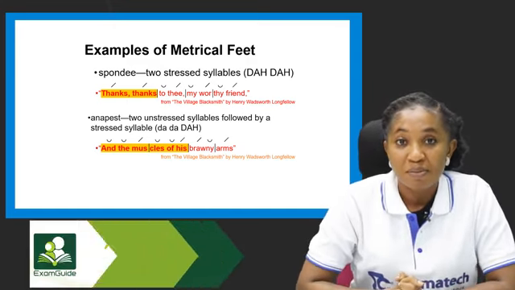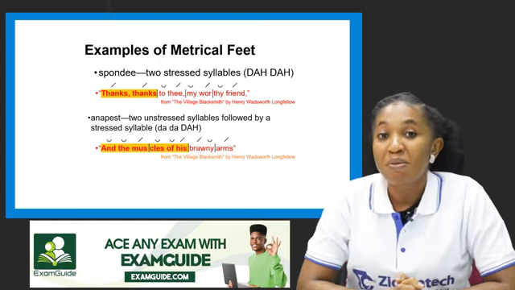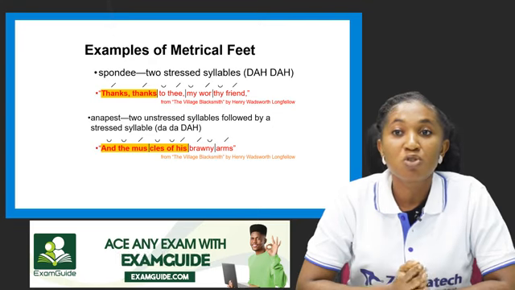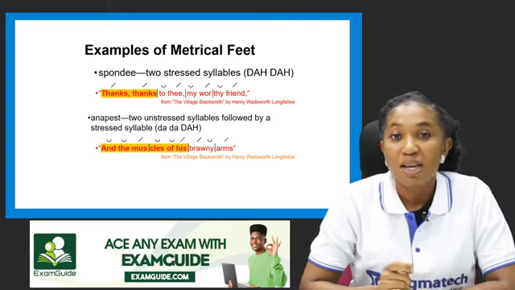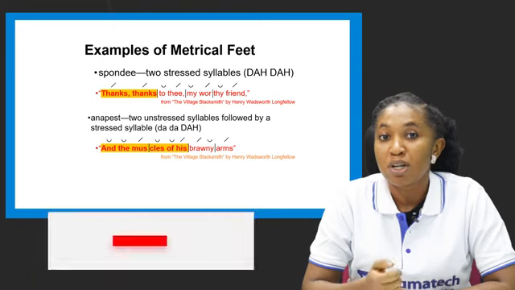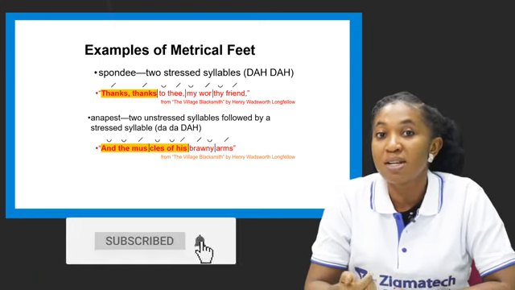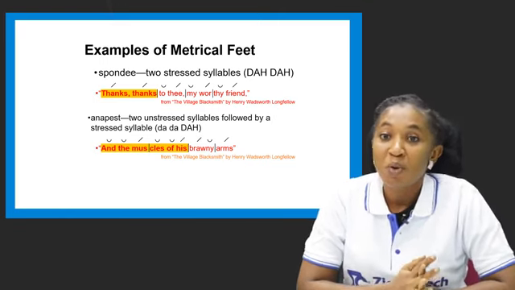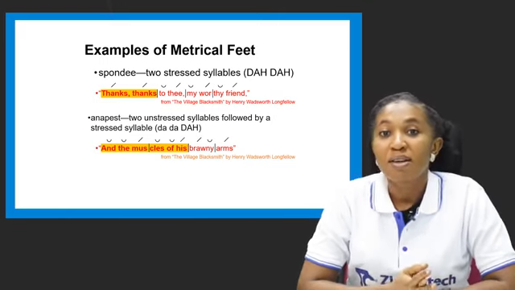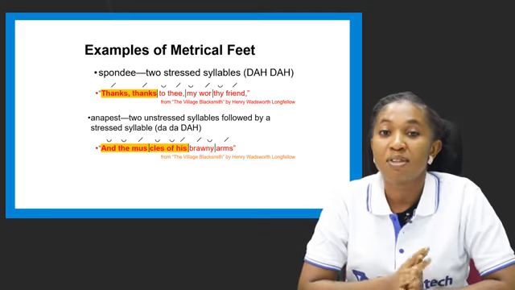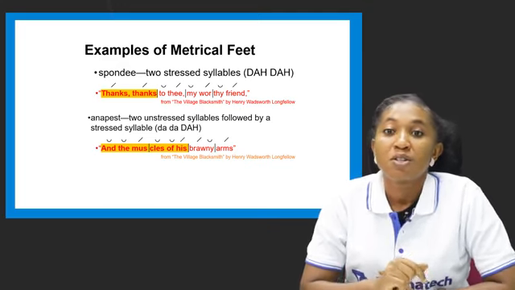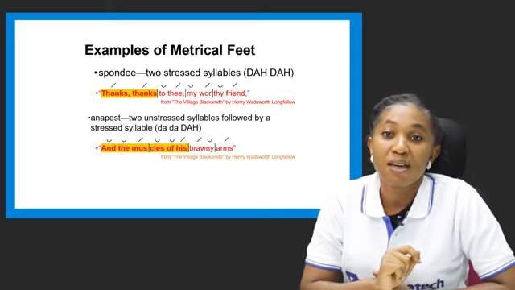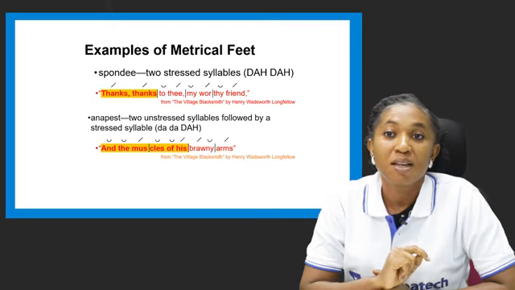Let's look at spondee. What do we mean by spondee? When we talk about spondee, we are looking at 2 stressed syllables in a line of poetry. So what does that mean? We have da, da. So for example, it goes this way: thanks, thanks.